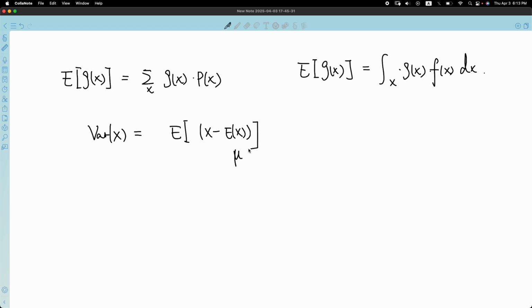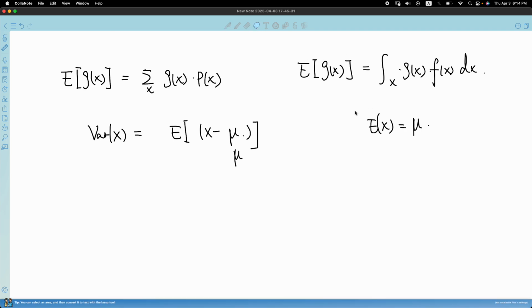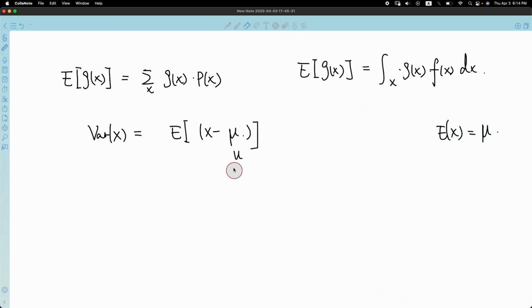Maybe let me use the mu, that would be better. So here, E of X is equal to mu. Maybe if I put it this way, it will be clearer.